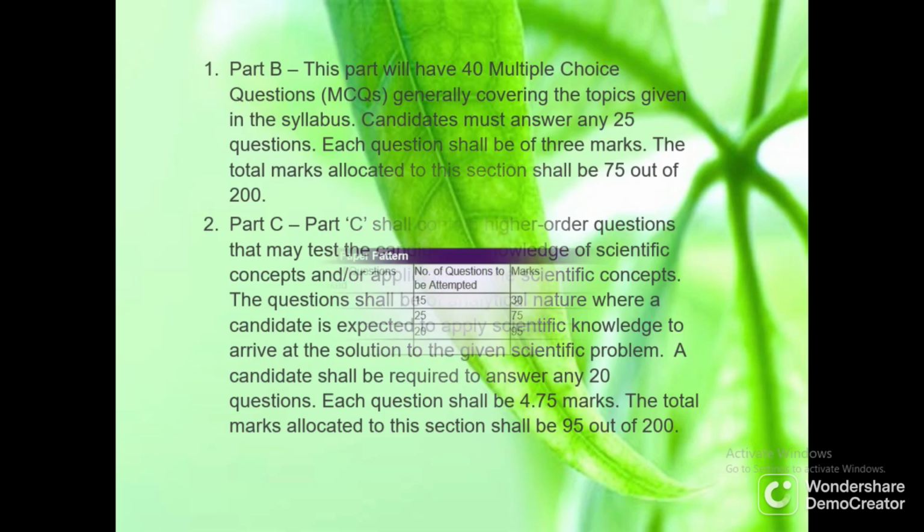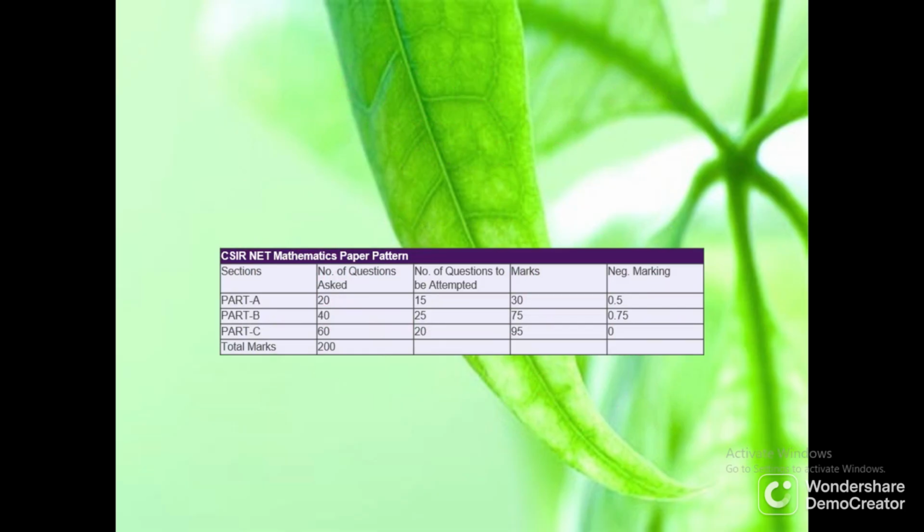So I think this lecture is helpful for students who are getting ready for the CSIR UGC NET exam. This table is very clear.